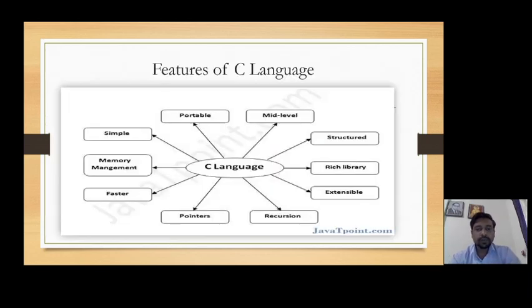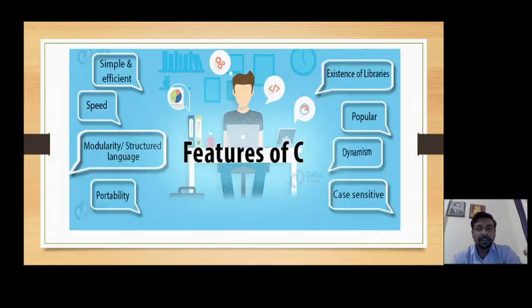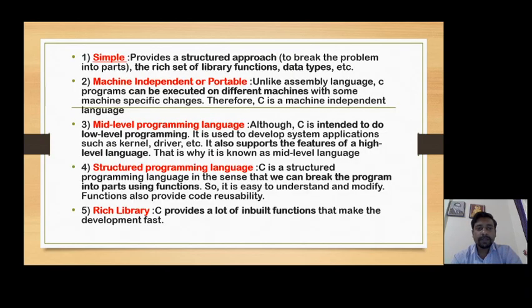So those are a few features of C programming. C is portable, middle level, structured, extensible, recursive, supports pointers, is fast, and has good memory management tools. And due to its simplicity, we still use C programming. Those are the features described with the help of a diagram. Simple means it provides a structured approach, that is, breaking the program into parts with the help of rich functions, libraries and data types.